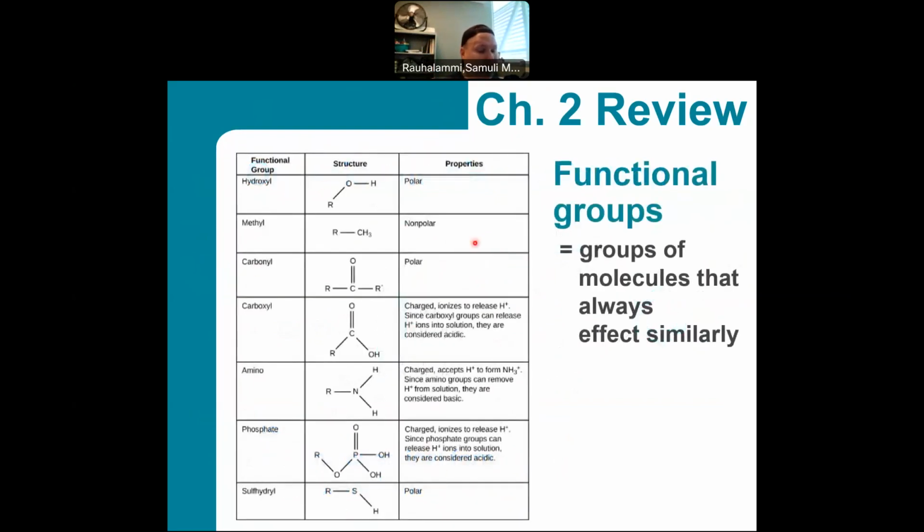I've listed some of the most important functional groups in this table, and functional groups typically always have a similar effect on how that molecule will behave in different chemical reactions.